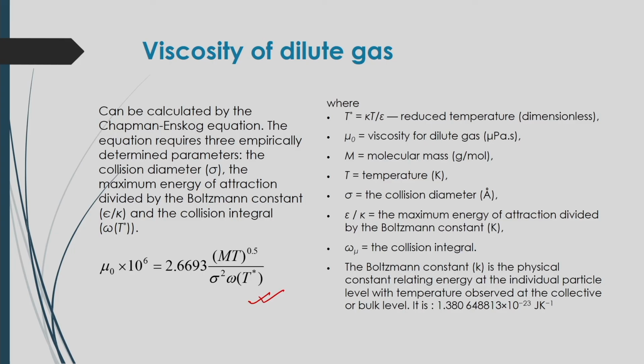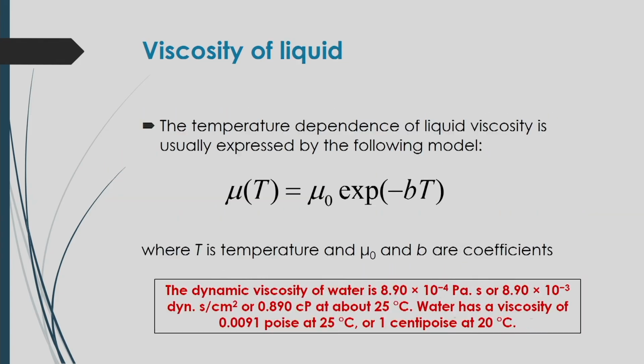The Boltzmann constant K is the physical constant that relates energy at the individual particle level with temperature observed at the collective or bulk level. Generally this value is given to you as 1.380 into 10 to the power minus 23 joule per Kelvin. So, in this way you can calculate the viscosity of a dilute gas.